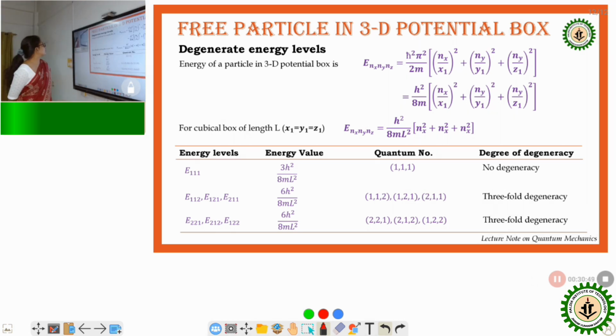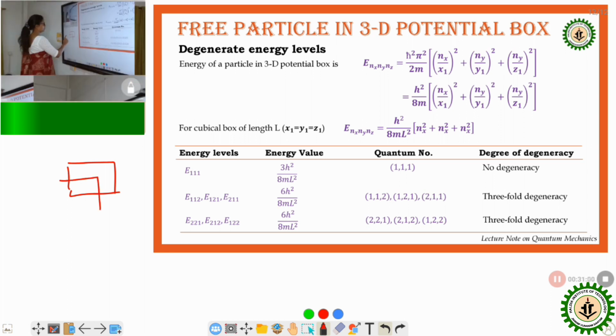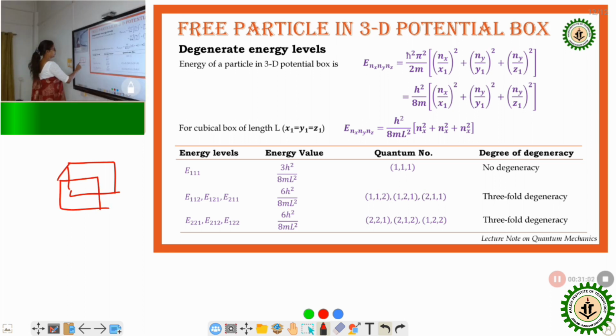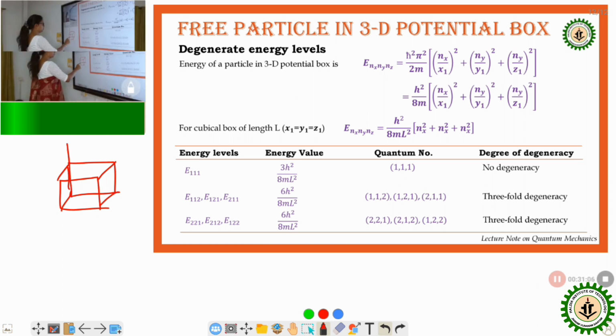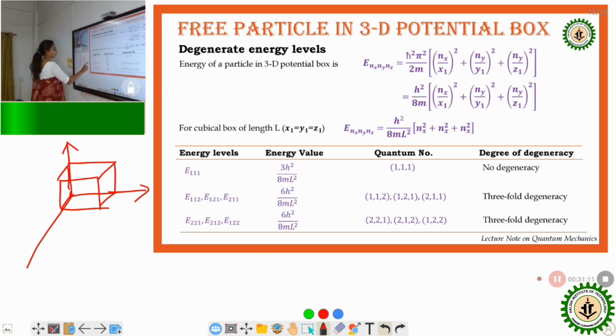Now come to the next part, the particle in a three-dimensional box. Three-dimensional means we can draw this. This is x, this is y, and this is z.